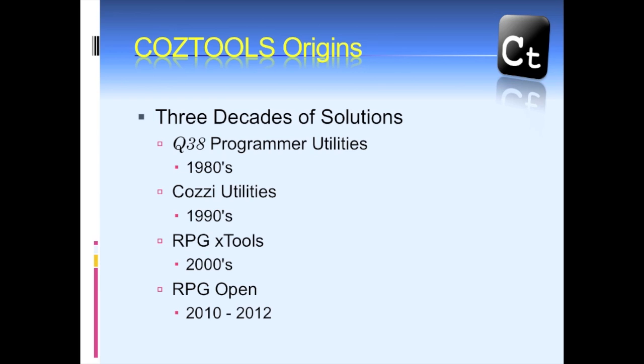Then in 2000, with the System i, the eServer iSeries, and now the Power Systems, RPG X Tools has taken over that role. And then recently, about 2010 or so, we introduced an open source RPG toolset called RPG Open. All of these products have been very popular and widely used. You probably are using some of them in your own shop right now.